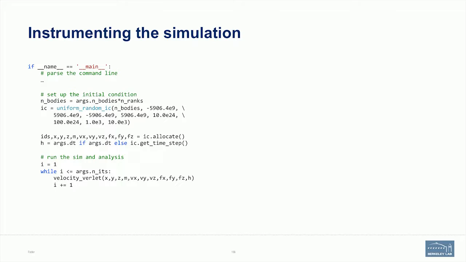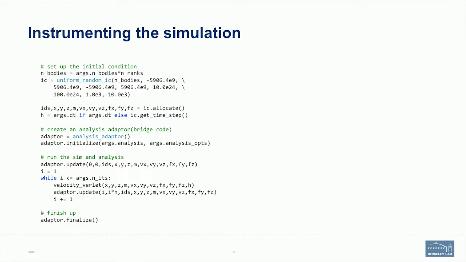We're going to allocate all of the NumPy arrays: IDs, XYZ, M, Vx, Vy, Vz, Fx, Fy, Fz. These are the forces, velocities, mass, position, and ID of all the particles. So that's our entire simulation state. Set the time step, and then we just loop and use the velocity Verlet method to update the particle positions.